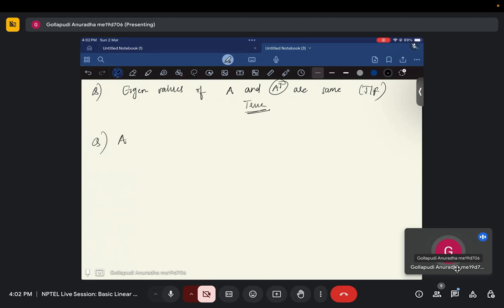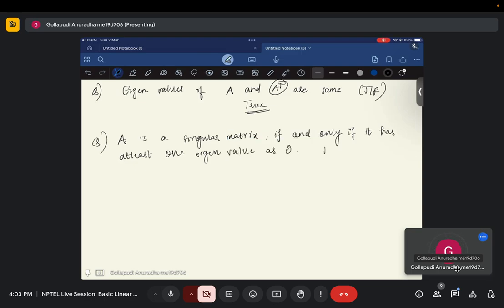Okay. So now another question: A is a singular matrix if and only if it has at least one eigenvalue as 0.